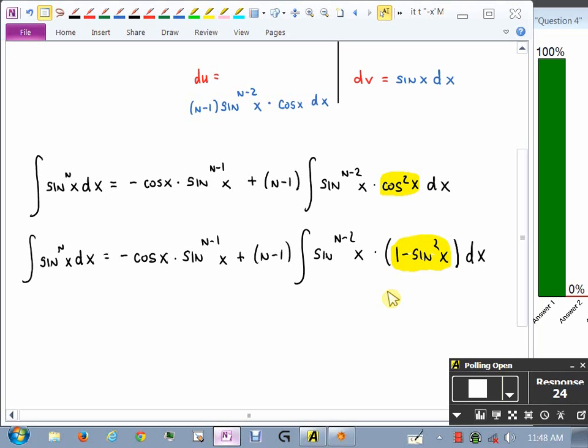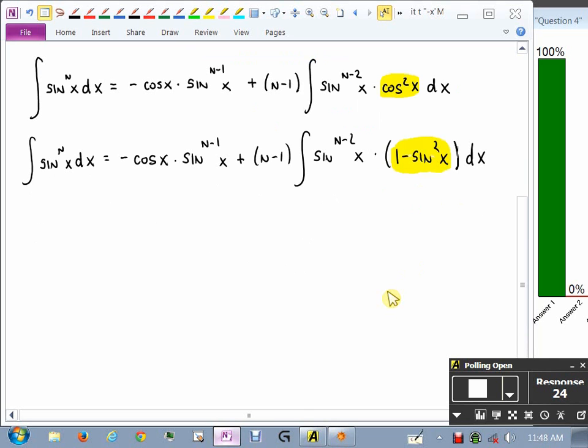Sine to the n, right? Because you have the same base, the base of these two things is sine x. You add the exponents. What's n minus 2 plus 2? n. I'm going to rewrite everything. I'll ask if everyone's okay with this after I write it.